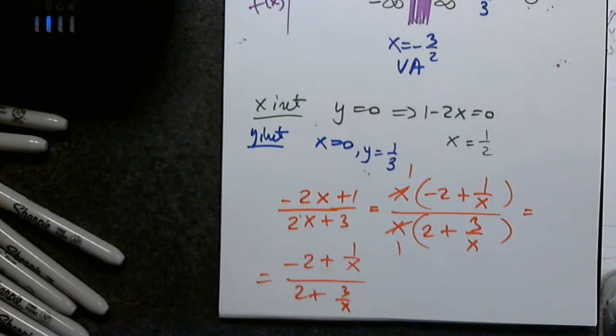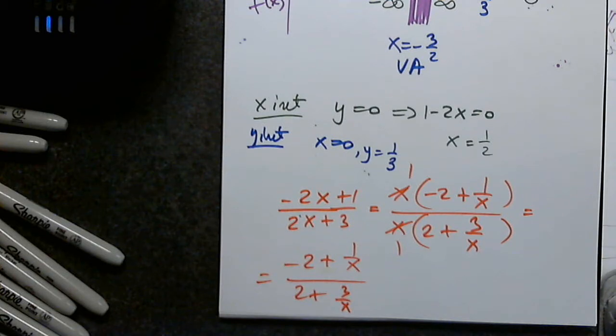If x is a billion, how much is 1 over x? Very small. Almost 0. If x is negative a billion, what will 1 over x be? Almost 0.